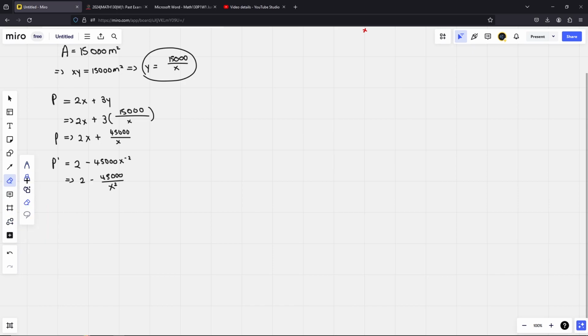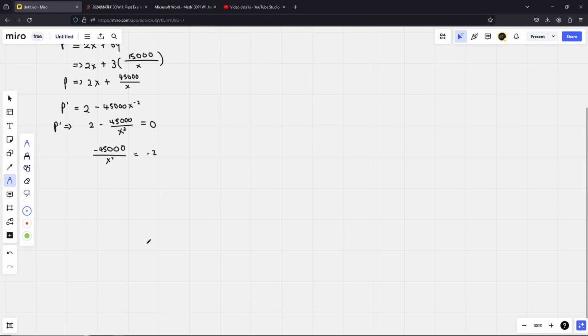So let me just erase this part, and I'm going to set this equal to 0. And remember that this is just p prime. Okay? So if I move that 2 across, I get that minus 45,000 all over x squared is going to be equal to minus 2. Okay? And I'm going to multiply both sides by a minus 1. And if I do that, that's going to cancel out this minus sign and that minus sign.